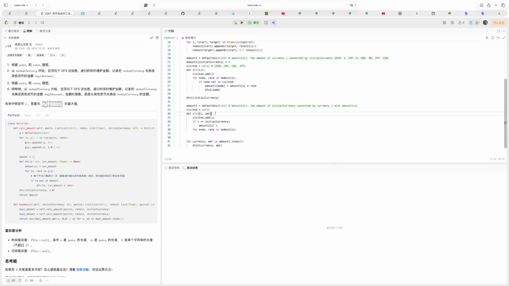So amount 2 I will be amount multiplied by the, we need its rate.